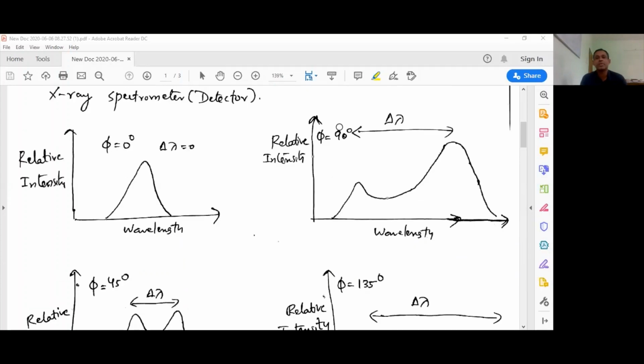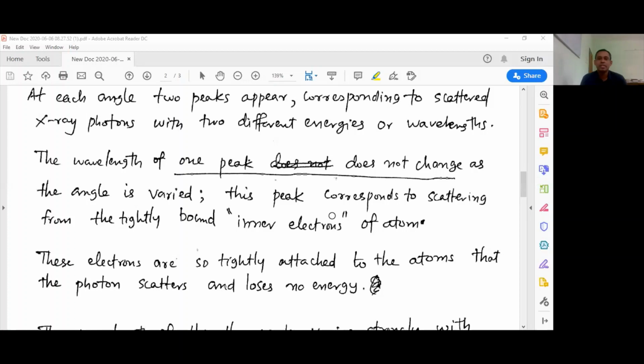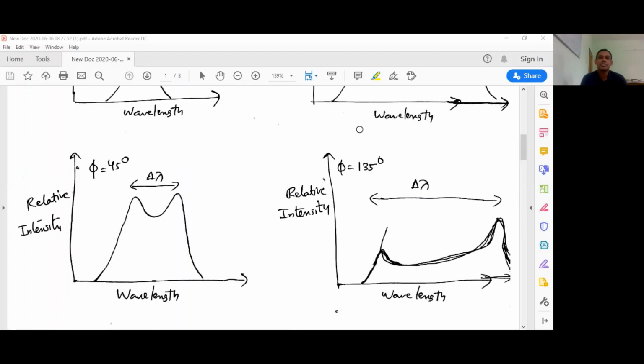Then they did this for phi equal to 90 degrees. If phi is 90 degrees, cos 90 is equal to 0, so lambda prime minus lambda is equal to lambda c. So when phi is 90 degrees, there will be a shift in wavelength.